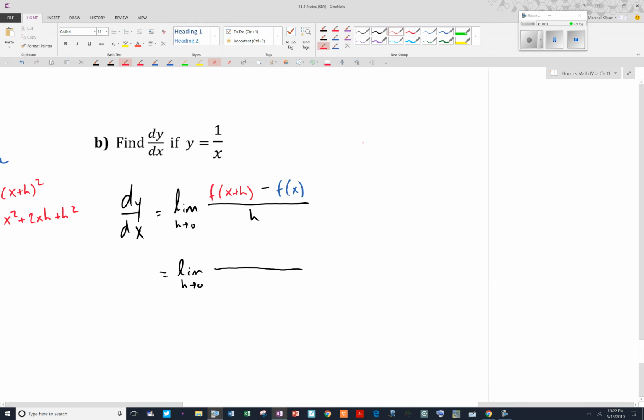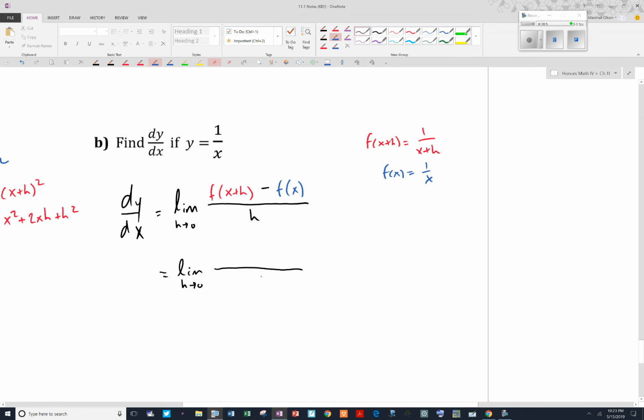Okay, check this out. F of x plus h now is 1 over x plus h. You're just putting x plus h in for x right there. Obviously, f of x, or y, is 1 over x. That's given to us.